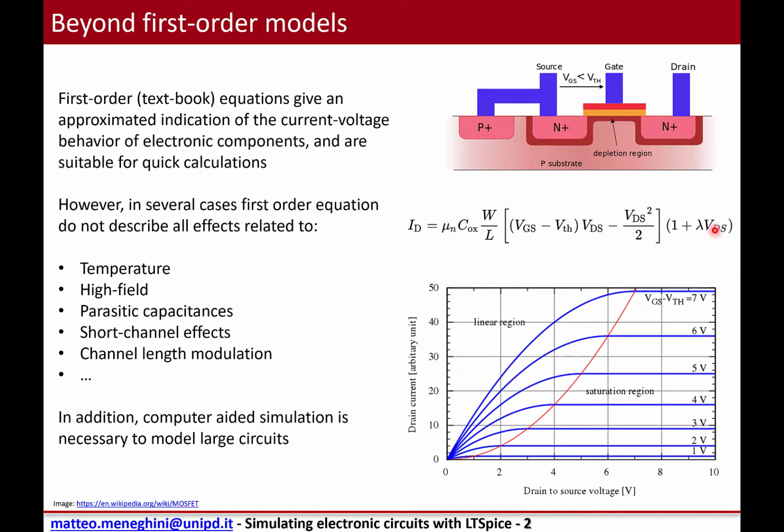And this is an example, the equation of a MOSFET that can effectively reproduce the main current voltage relation. So the main relation between the voltages which are applied to the gate and to the drain and the current which is flowing through the device, through some very important parameters which are related to the geometry and the properties of the materials and devices.